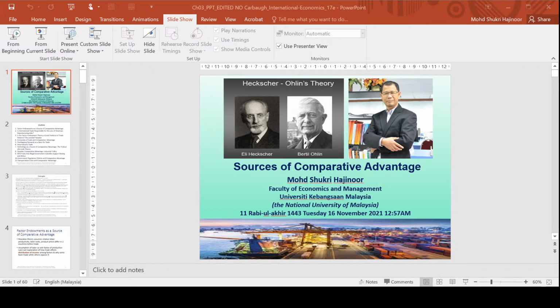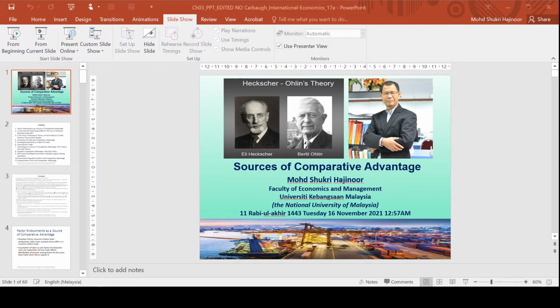We take the alternative view to that because alternatively comparative advantage can come from other factors, other situations than factor endowment.